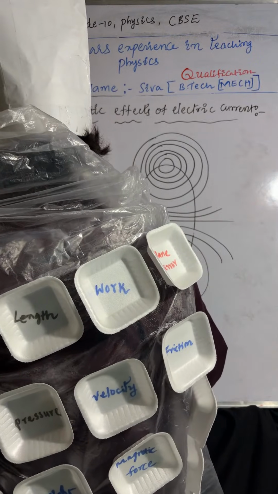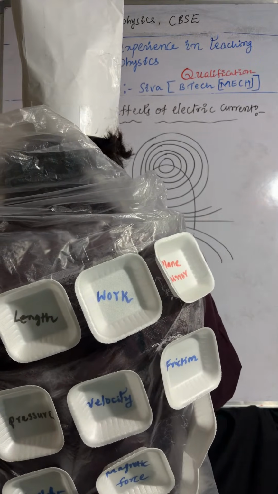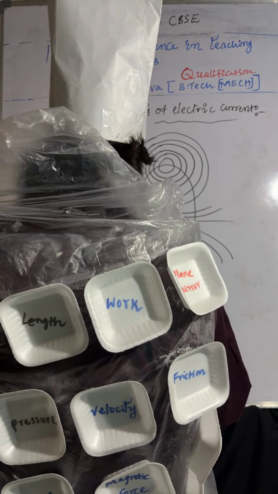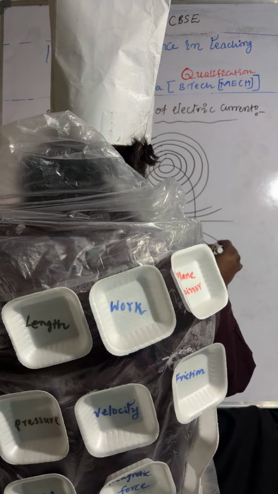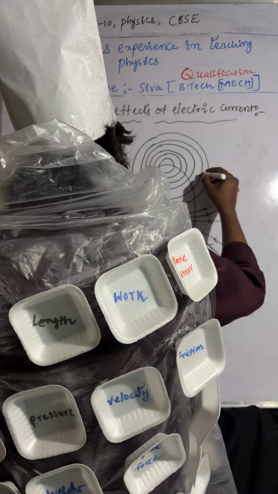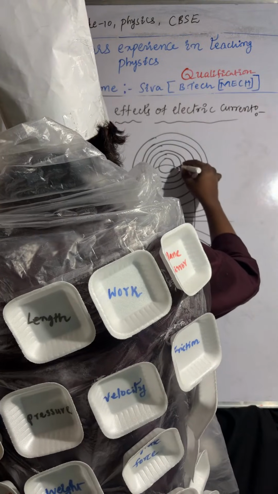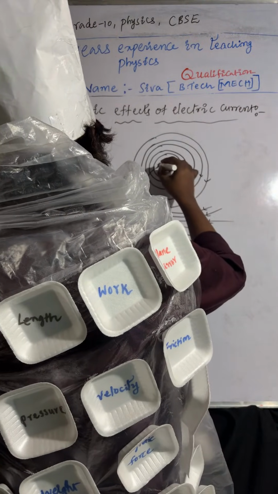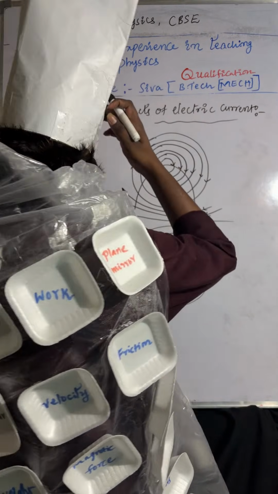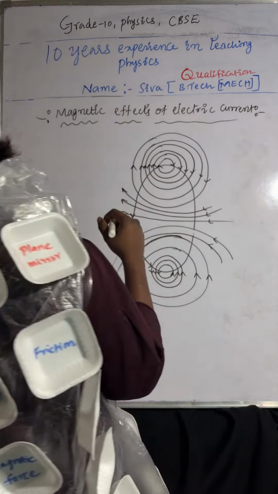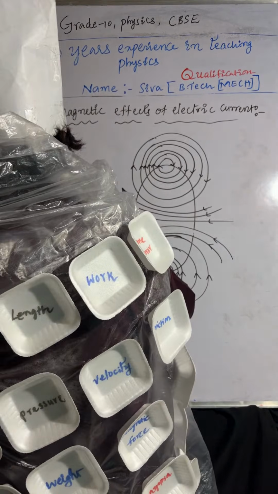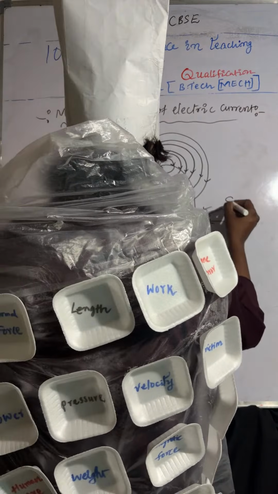There is one question based on it: if the current is passing, this side is north pole and this side is south pole.